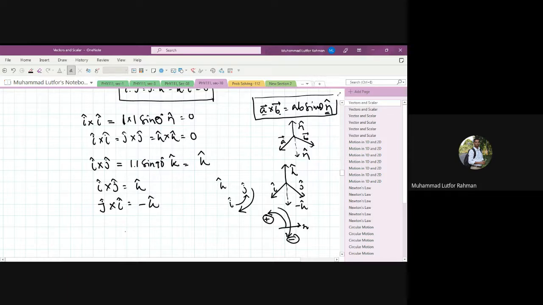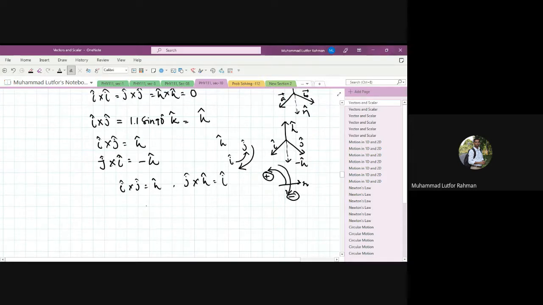So that's how you can write i cross j equal to plus k, j cross k would be plus i, and k cross i would be plus j. But if you move in the reverse way, that is clockwise, k cross j would be basically minus i.